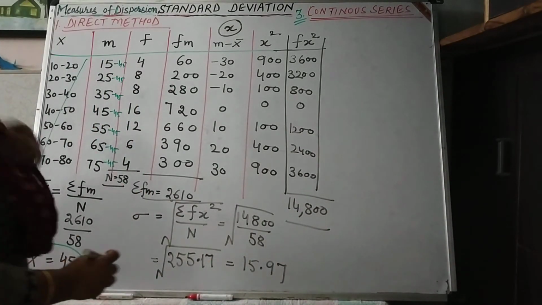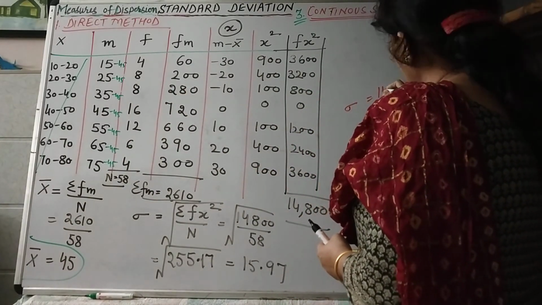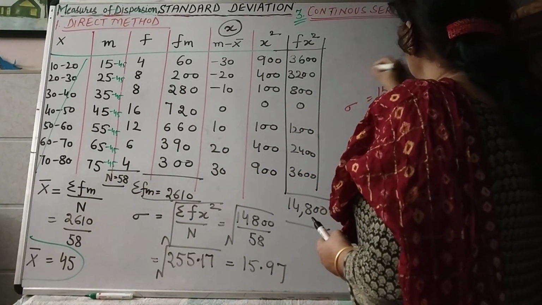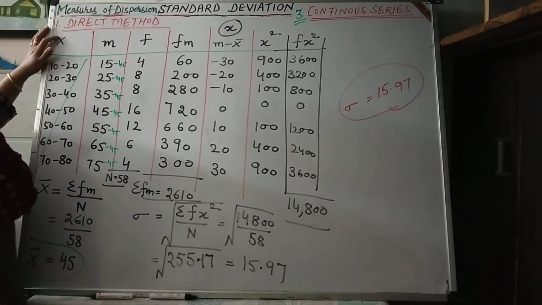So the value of standard deviation is equal to 15.97. So we have calculated standard deviation in a continuous series by using direct method.